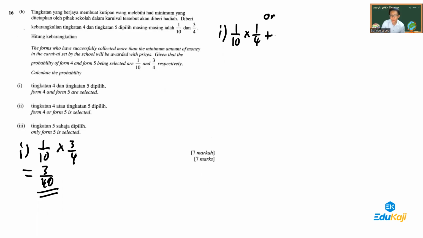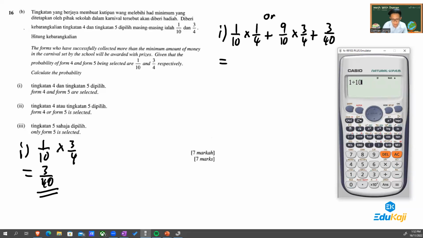Or, whenever it's all with plus, Form 4 not selected, Form 5 selected, 3 over 4, or both selected, which I already have, 3 over 40. So 1 over 10 times 1 over 4 plus 9 over 10 times 3 over 4 plus 3 over 40.